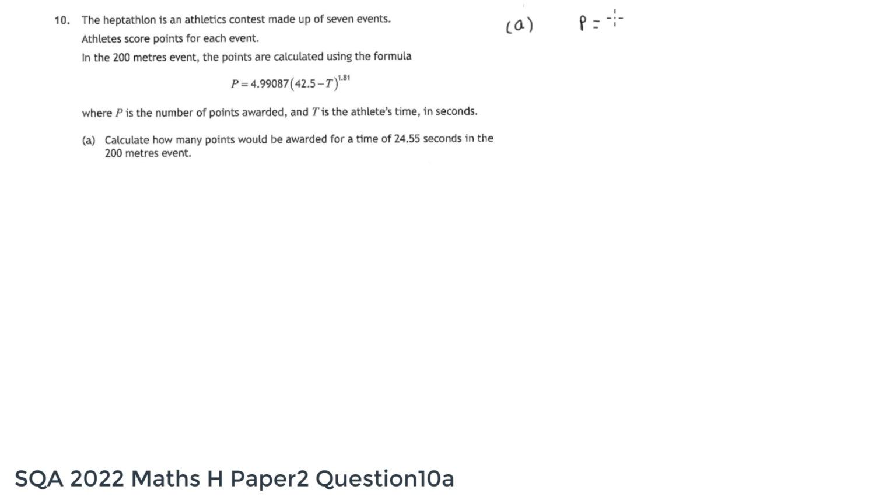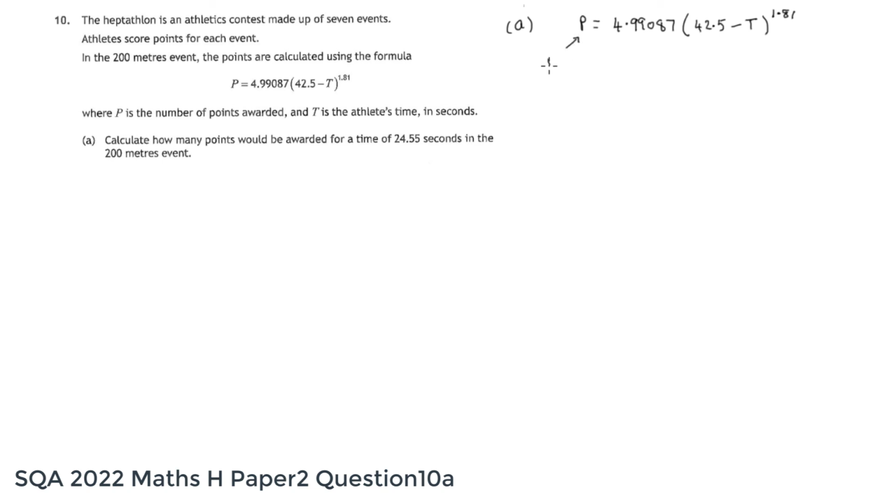To get the number of points, we take 4.99087 and multiply the difference between 42.5 and the time taken raised to the power 1.81. A bizarre formula.